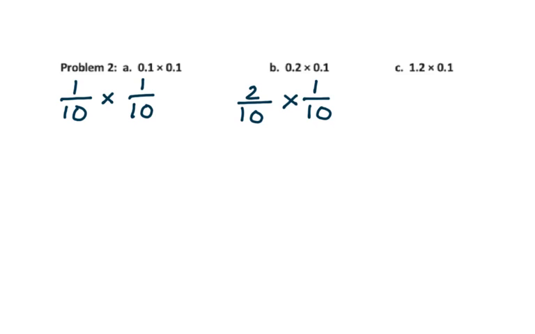And now this is 1 2/10. But to make the multiplication easier, I'm going to convert this into an improper fraction. 1 2/10 is the same as 12/10 times 1/10.